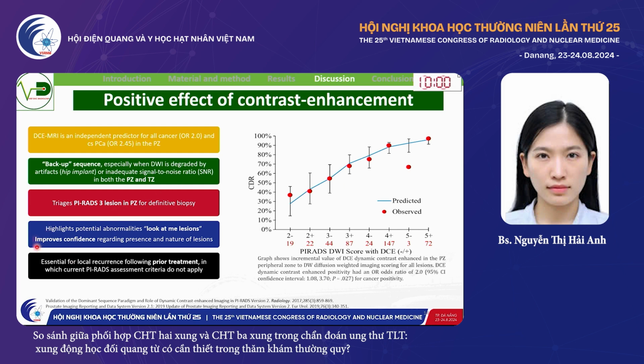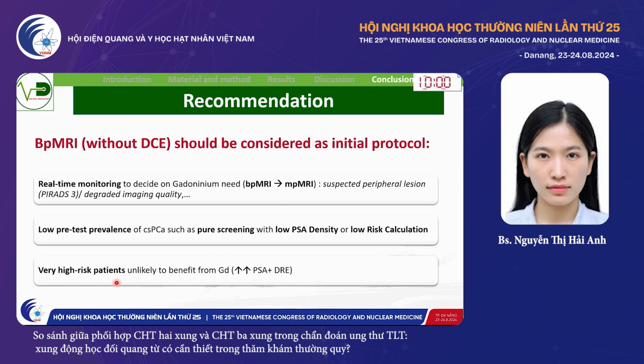DCE also helps to highlight potential abnormalities and improves our confidence regarding the presence and nature of the lesion. And lastly, it is essential for local recurrence after treatment, when the current PI-RADS assessment does not apply.